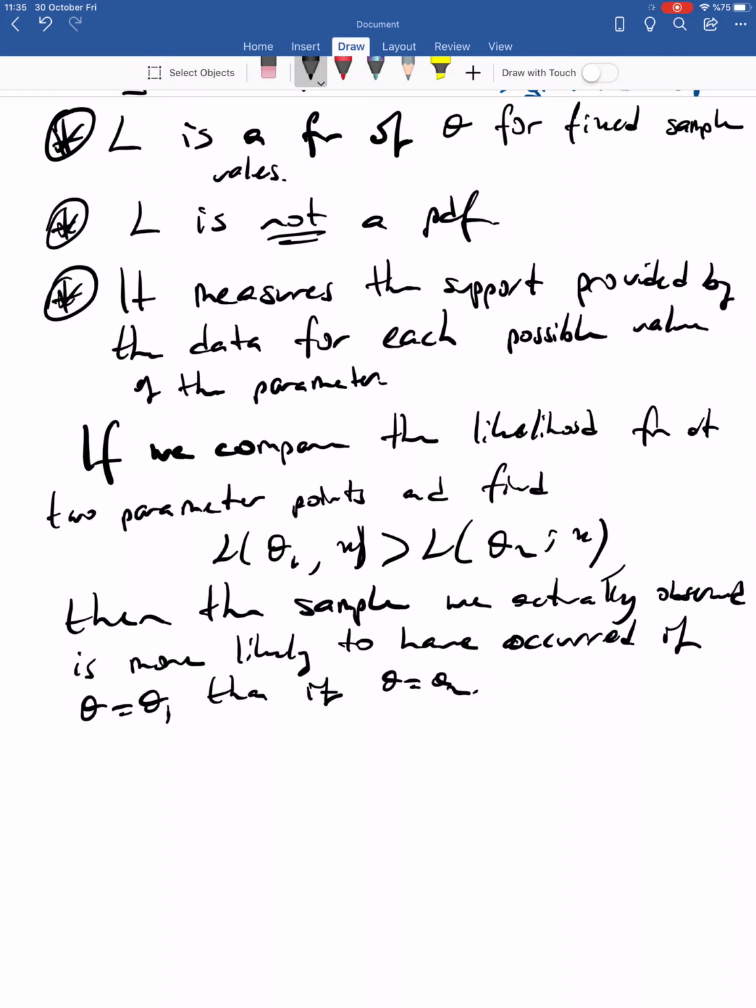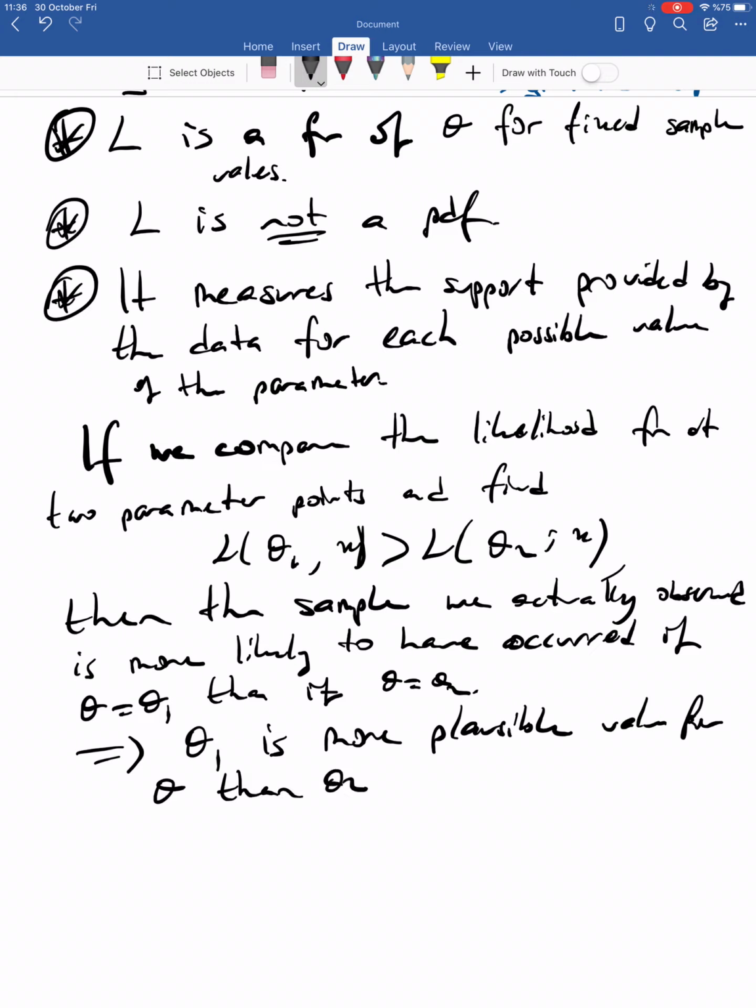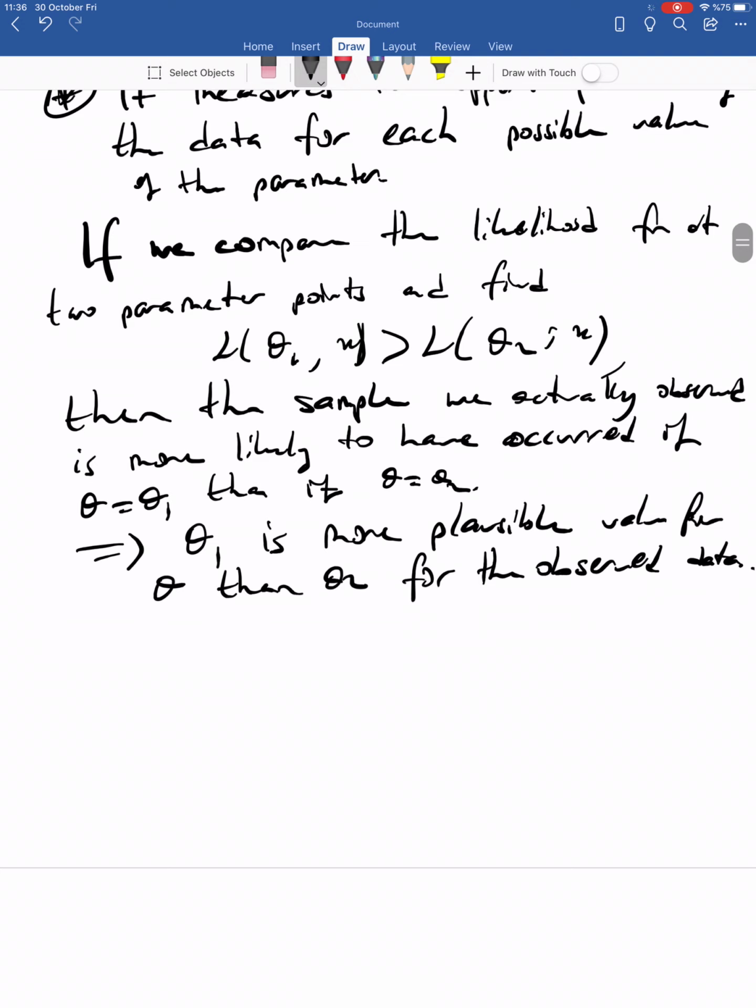This can also be interpreted as theta 1 being a more plausible value for theta than theta 2 for the observed data. So the likelihood of theta 1 given the specific data is more than that of theta 2.